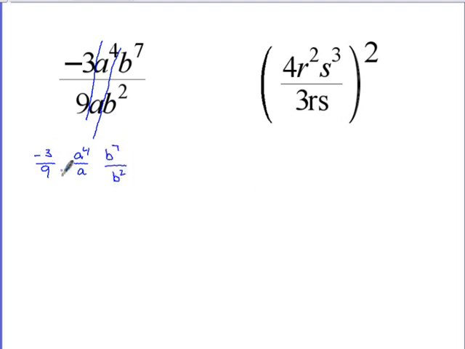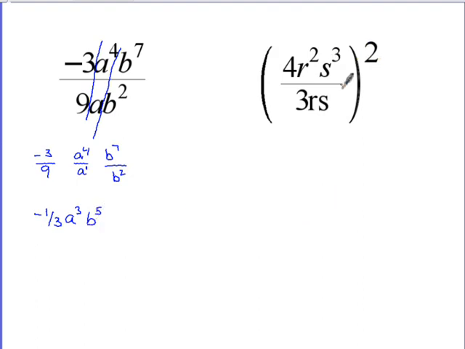Alright, well, negative 3 divided by 9, all I can do is simplify that to negative 1/3. A to the 4th divided by a, remember there's a 1 there, and when I'm dividing, I'm going to subtract exponents, so 4 minus 1 gives me a to the 3rd. B to the 7th divided by b squared is b to the 5th.